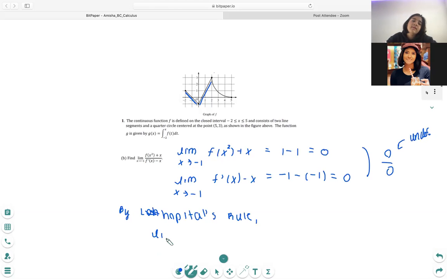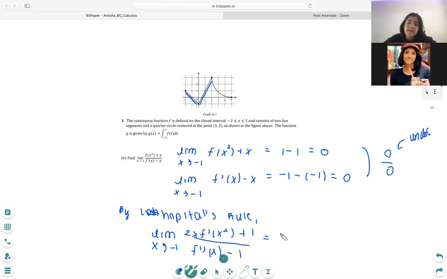We can say limit as x approaches -1. Taking the derivative of the numerator, we get 2x f prime of x squared plus 1 divided by f double prime of x minus 1, right?